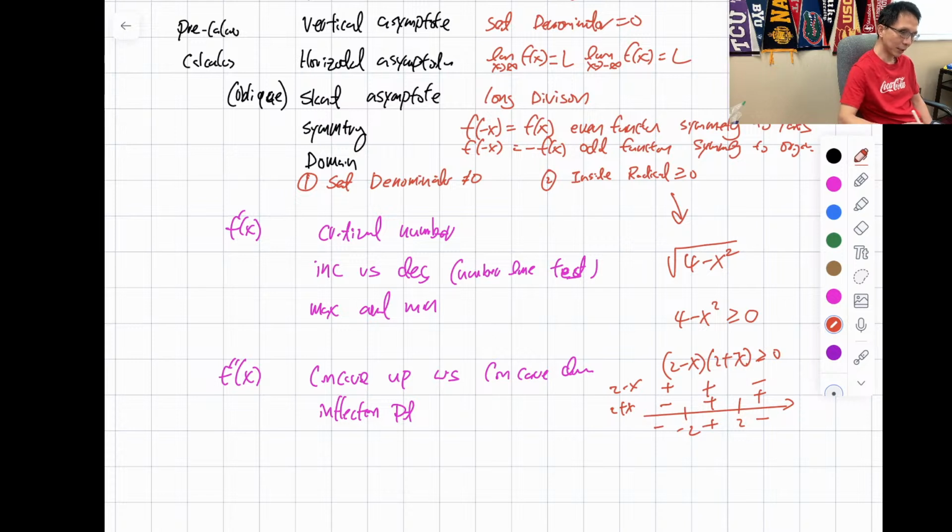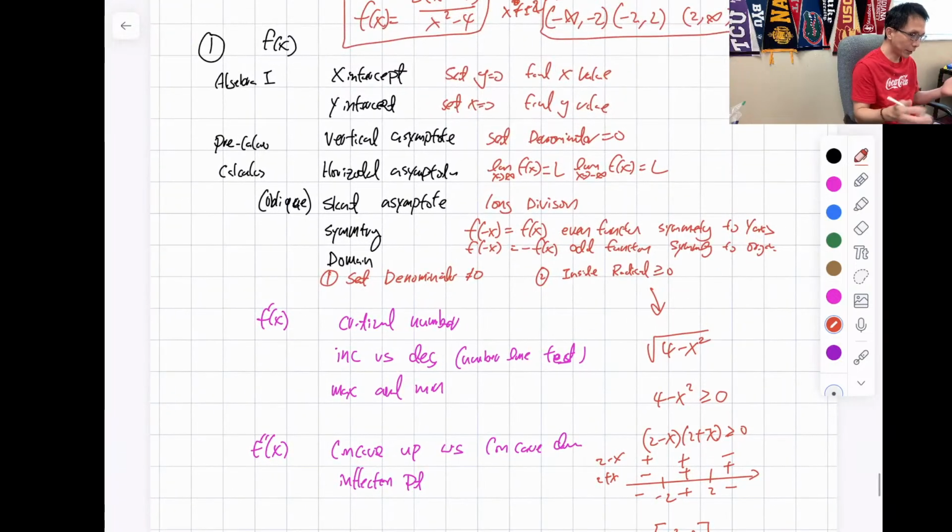So the region is going to be from negative 2 to 2. And that's going to be a bracket. So for this particular case, it's going to be negative 2 to 2. But for the domain, set whatever is inside a radical greater than or equal to 0. These are two things that you learn in pre-calc.